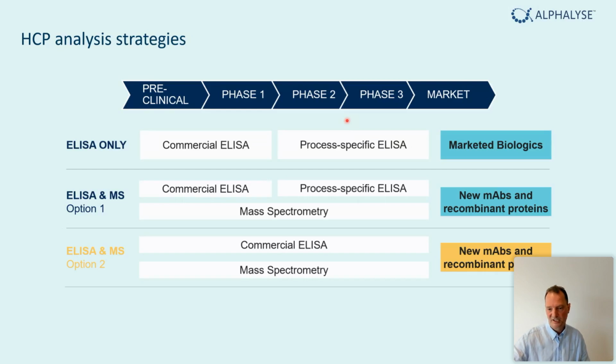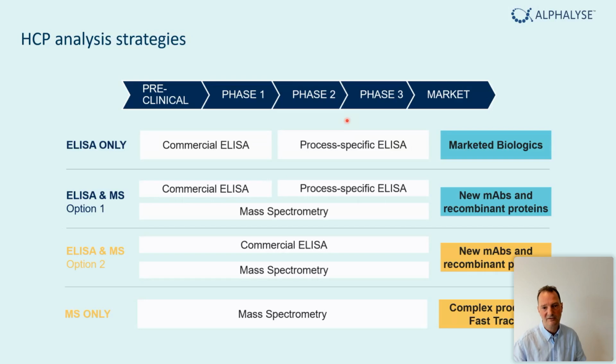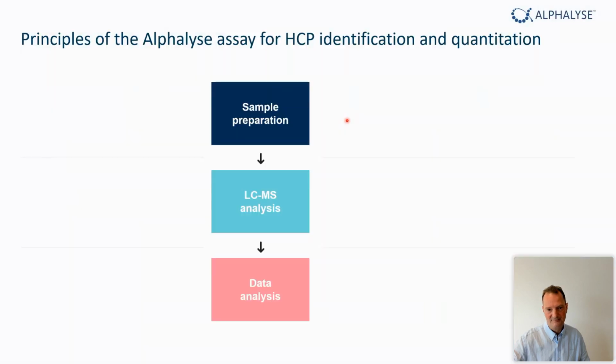And the last possibility that opens up with the new chapter is to use mass spec only for HCP analysis. So right now we see this for products where it's not possible to develop an ELISA or where you have fast track status on the product and you don't have time to develop an ELISA. So yeah, we can talk more about these in another webinar.